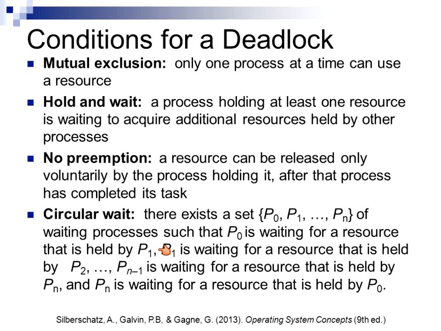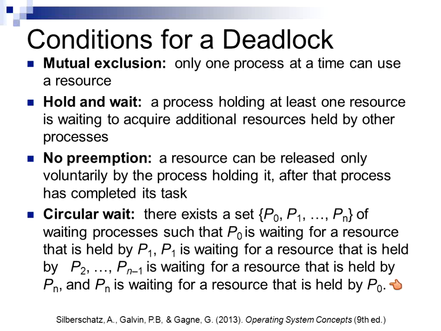This is where P0 is waiting for a resource that is held by P1, P1 is waiting for a resource that's held by P2, all the way up to Pn-1, where Pn-1 is waiting for a resource that's held by Pn, and the last process is waiting for a resource that's held by the first process. So everybody's waiting for something somebody else has.